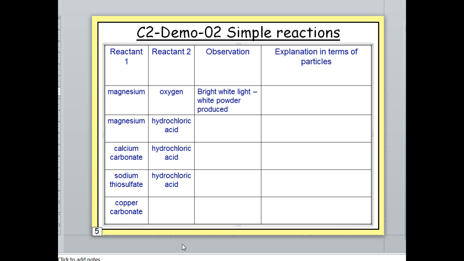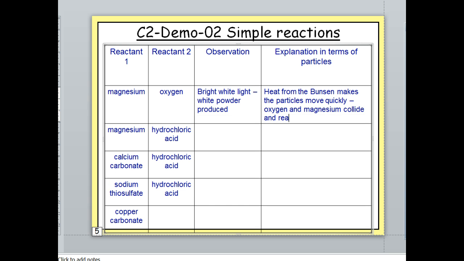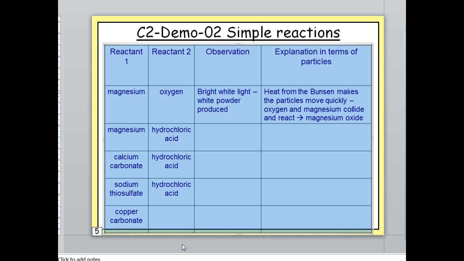Explanation in terms of particles: the heat from the Bunsen makes the particles move quickly, and then oxygen and magnesium collide and react, and the product in this case is obviously magnesium oxide, which is the white powder.